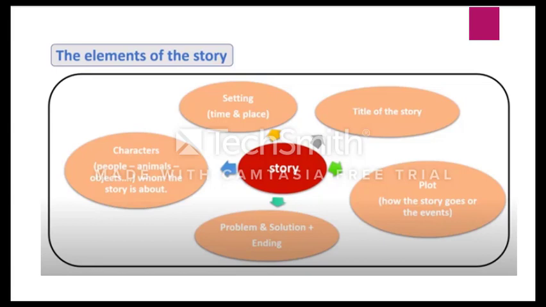After that, the plot: how the story goes, or the events of the story in detail. The last part is the problem and solution. What is the problem and how is it solved? And the ending, like happily ever after.